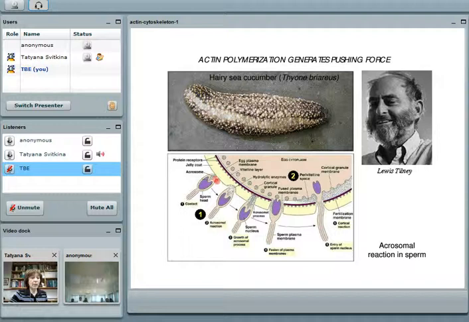One is a vacuole of digestive enzymes, which opens up and these enzymes are secreted and they digest this egg jelly. And then there is a protrusion of this spike-like structure from the tip of the sperm head, which pokes through the membrane of the egg to allow the nucleus to enter the egg, fertilize, and get an embryo.